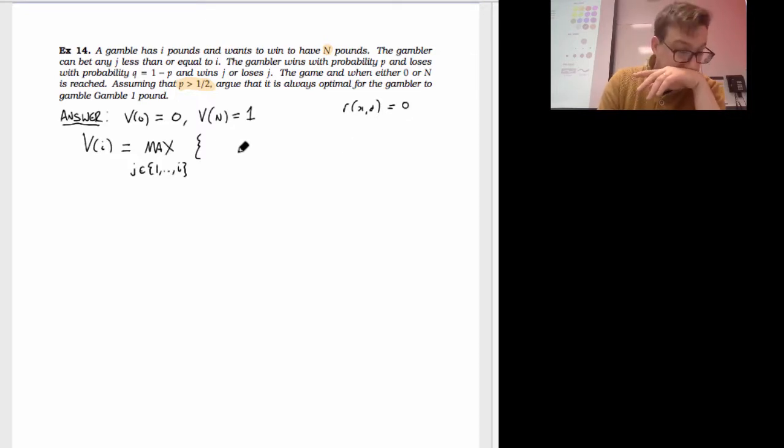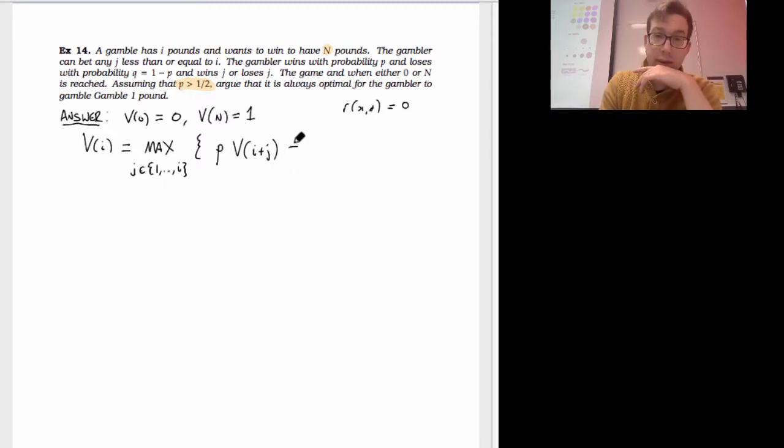All right. So with probability P, I win. And then how much money do I have? Yeah, so I think someone said it correctly over there. I win I plus J. With probability P, I get to the new state I plus J. So I get my money back, and then I get an additional J pounds.